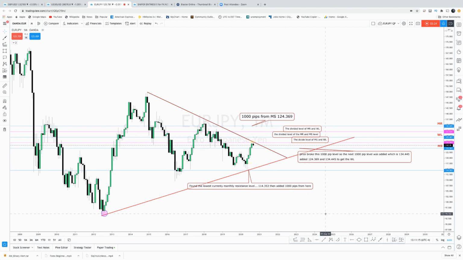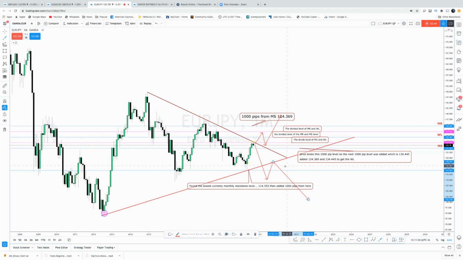So really it's a matter of whether price is going to do one of two things. It's either going to break this trend line, come down, retest, and then go up, or it's going to come down, break the trend line, retest, and then come down. That's really all it can do.